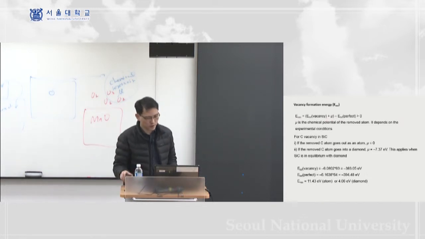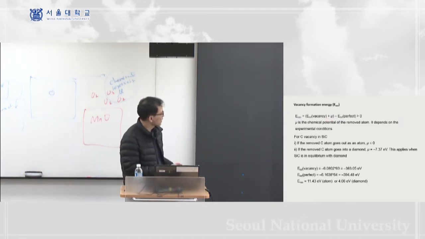Okay. So specifically, in the case of mu equal to 0, or if it goes to the atomic site, then the formation energy is 11.43 electron volt, while in the case of diamond, since the diamond is lower by 7.37 electron volt, the vacancy formation is as low as 4 electron volt. All right.